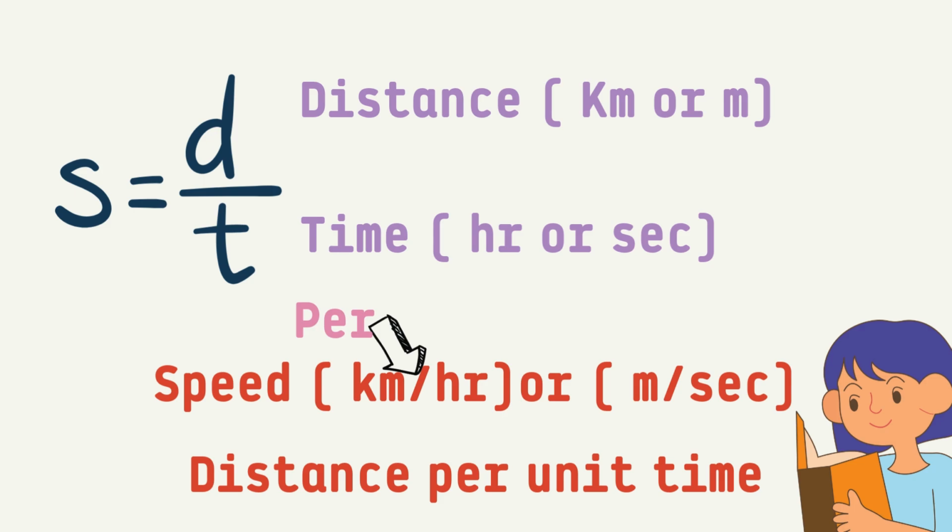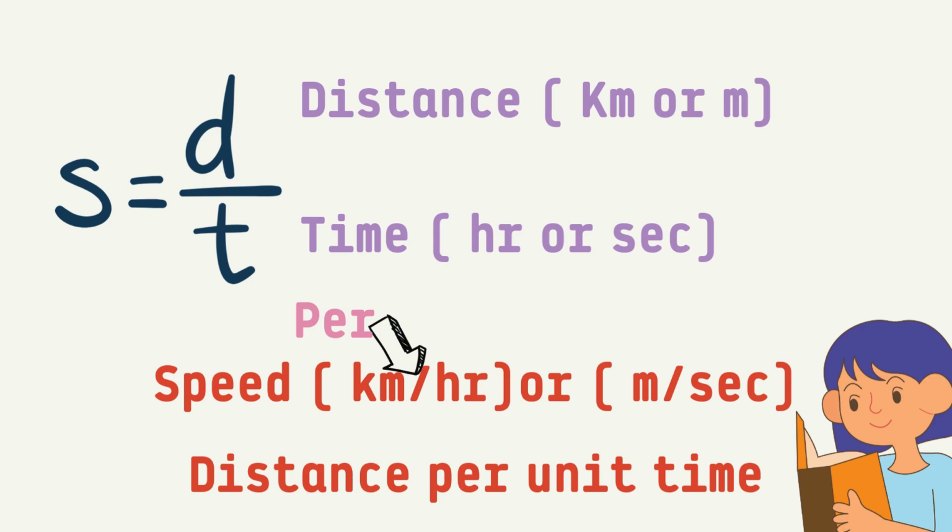Okay, so here we can say the equation of the speed if we want to calculate the speed of a moving object. It will be the distance divided by the time. So here the distance is measured by kilometer or meter, and the time is measured by hour or second. So the speed unit may be meter per second or kilometer per hour.